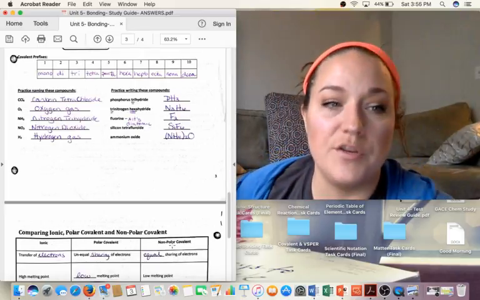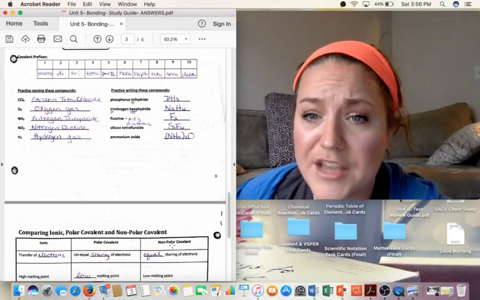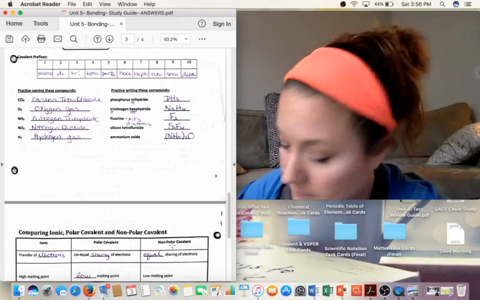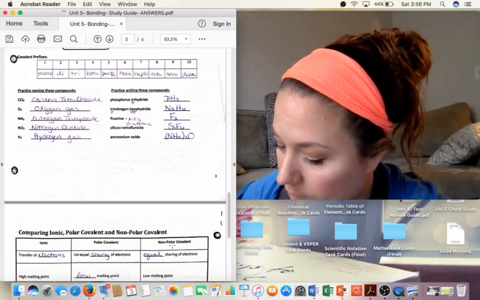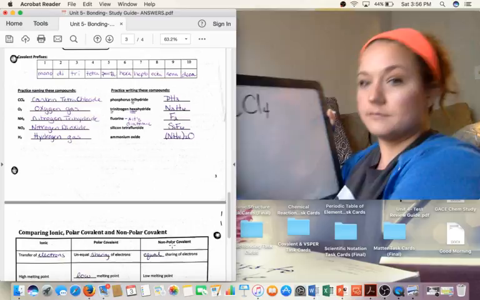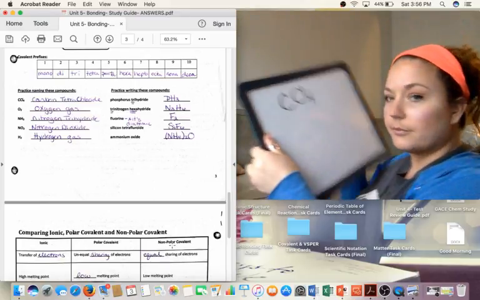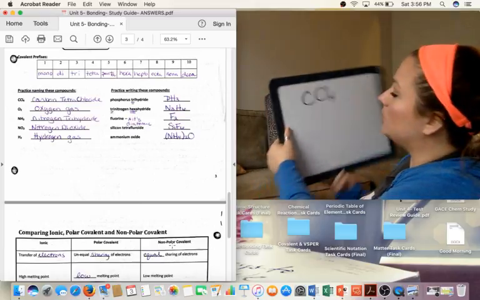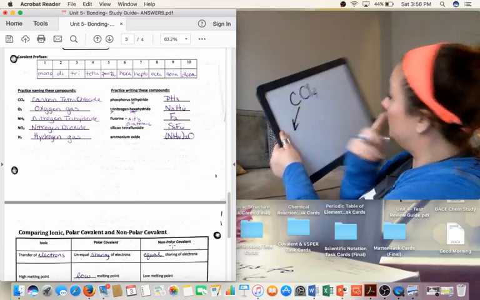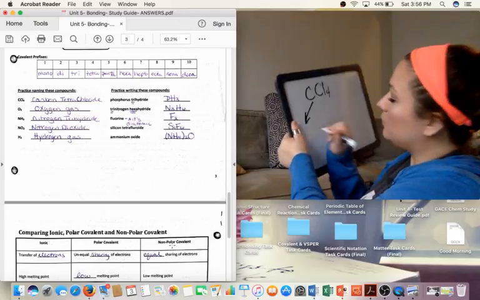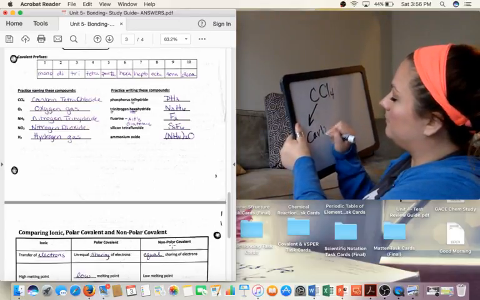So on the first one, you have carbon and you have chlorine. So you have CCl4. You have C and Cl4. So carbon's in the first spot, and there's only one of him, so you just write carbon.